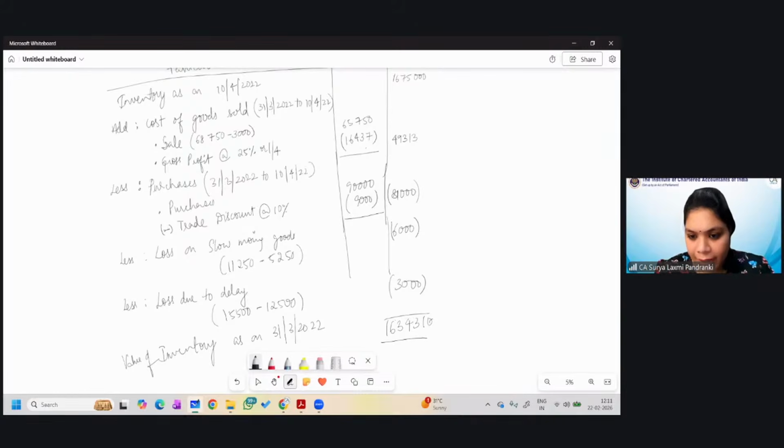This can be 3 only. A few people have rounded it off. That is why we got 0, but it can be 3 also because we have 3 here in the sales. So you should get 3 only. These losses are abnormal losses which cannot be taken in your trading accounts. I'm removing it here so that I can show it later in my P&L statement, but cannot be included while calculating my inventory. Okay.